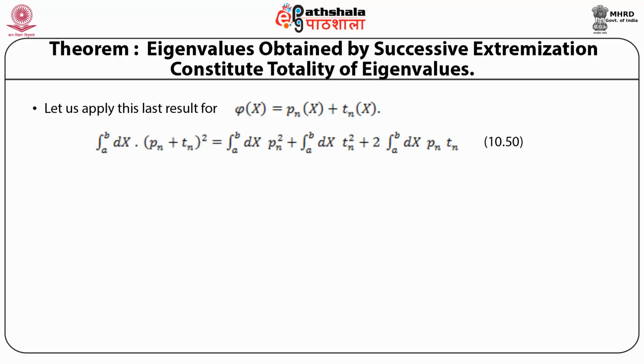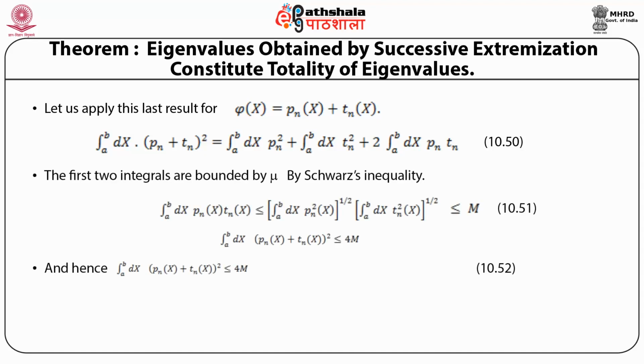Now the integral a to b of (p_n plus t_n) whole squared dx is equal to the integral from a to b of p_n squared dx plus t_n squared dx plus twice the integral of p_n t_n dx. The first two integrals are bounded by mu.